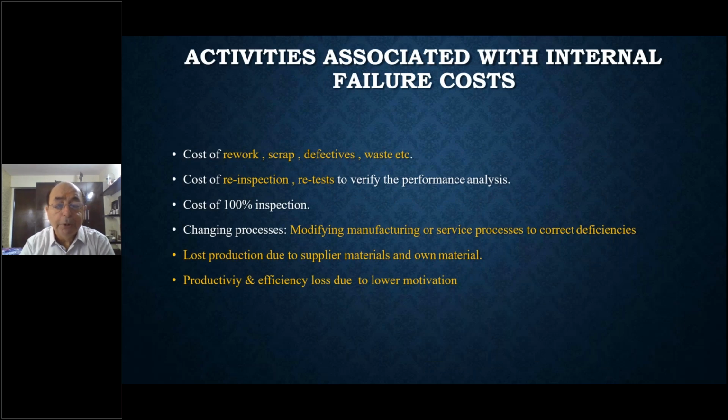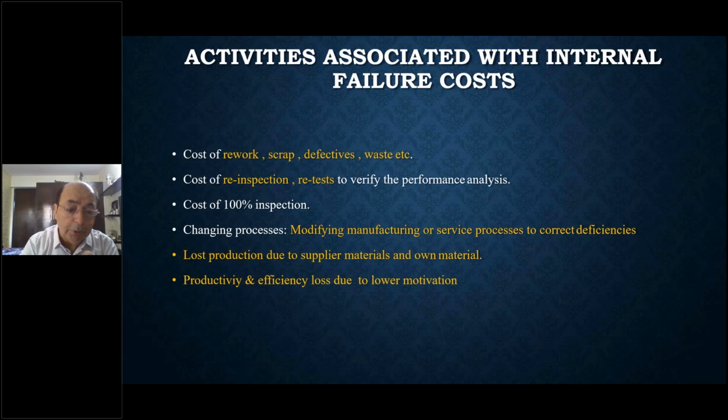The important thing is how you smartly identify the measurement which will create passion. Because when you do cost of quality, it creates passion and commitment in the top management. So if you are able to smartly identify a measure and convince your top management, your job is half done.